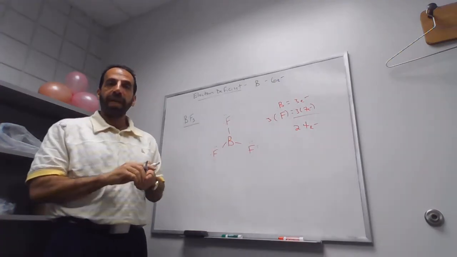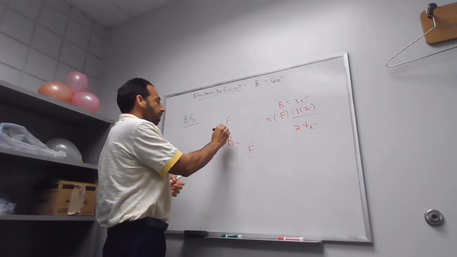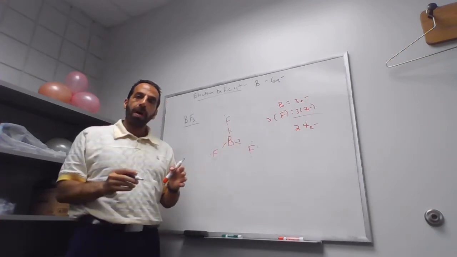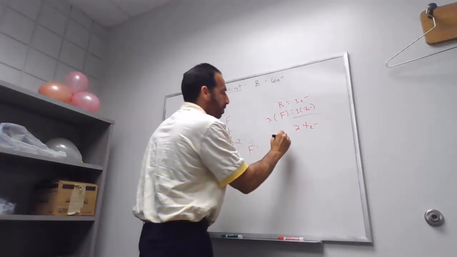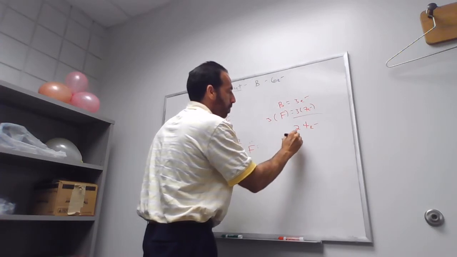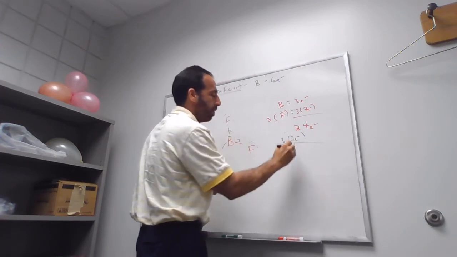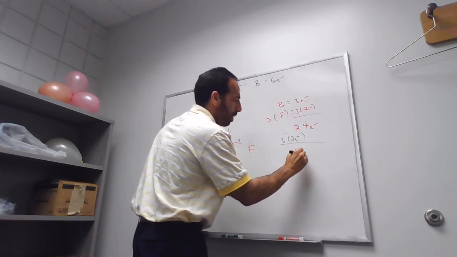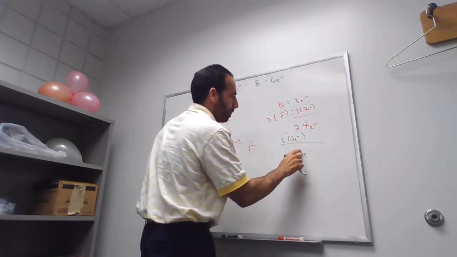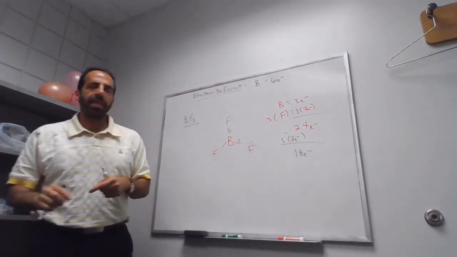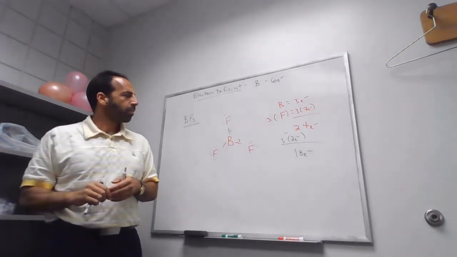So far, what I've counted is 3 bonds: 1, 2, 3. So 3 bonds, 2 electrons in each bond, so 3 times 2 electrons. I'm going to subtract that from the 24, so I'm left with 18 electrons.